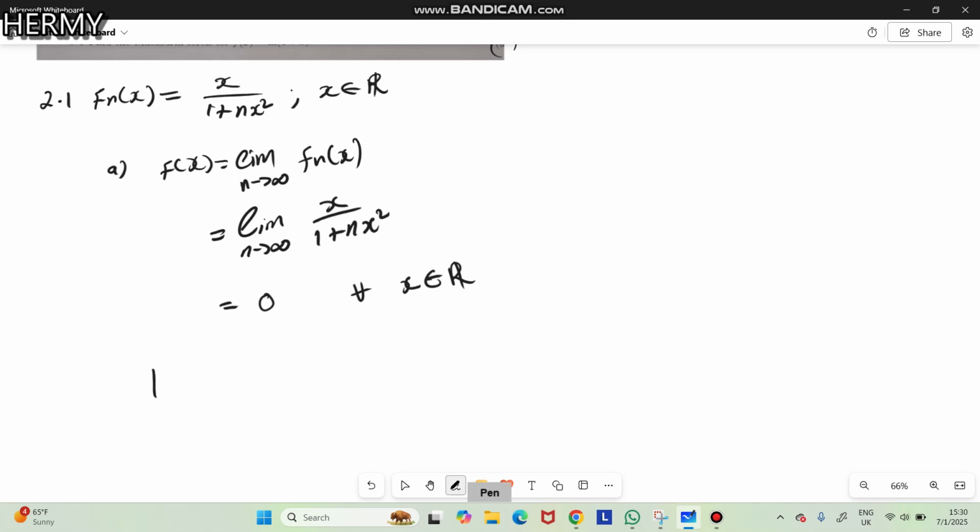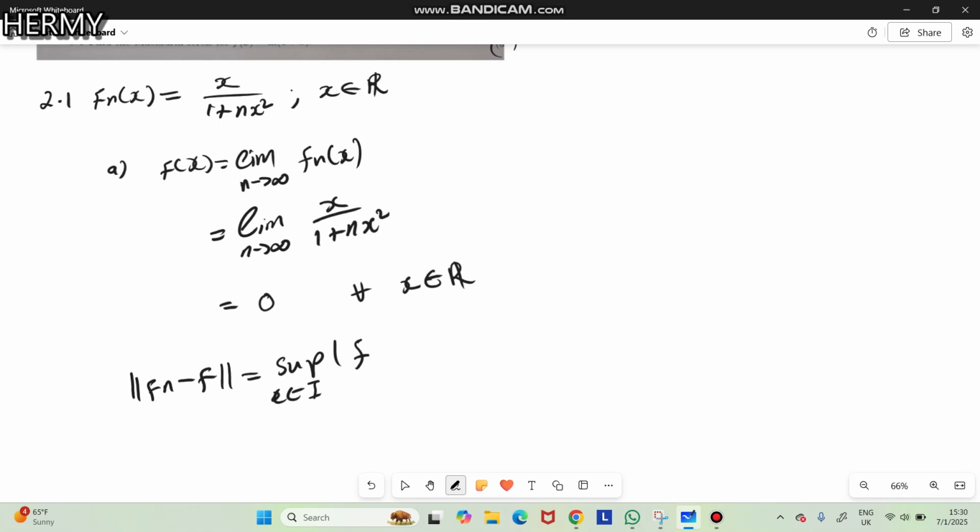What does the uniform convergence say? It says fn minus f equals the supremum of x in that interval, of the absolute value of fn minus f. We don't know the interval.